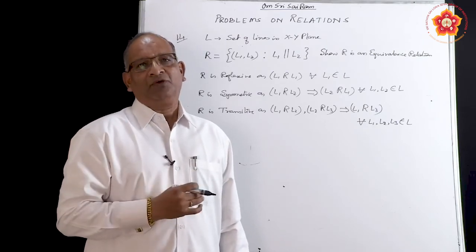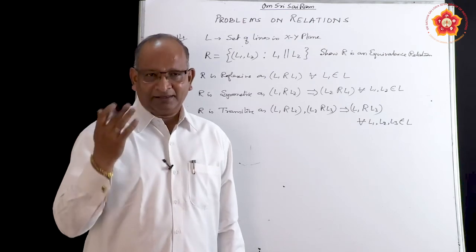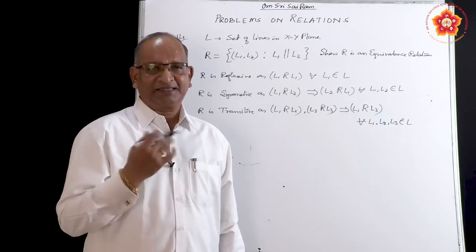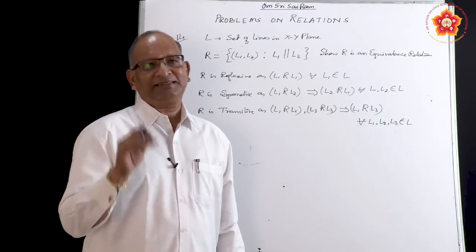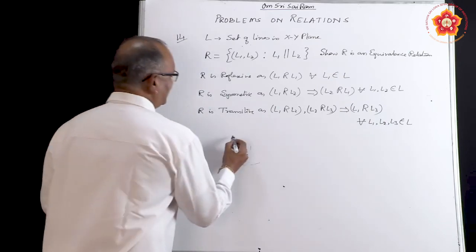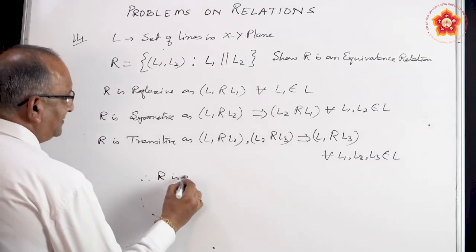This is how we conclude that the given relation R is reflexive, symmetric and transitive. So, R is an equivalence relation.